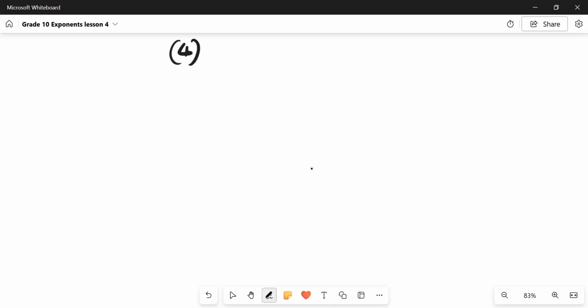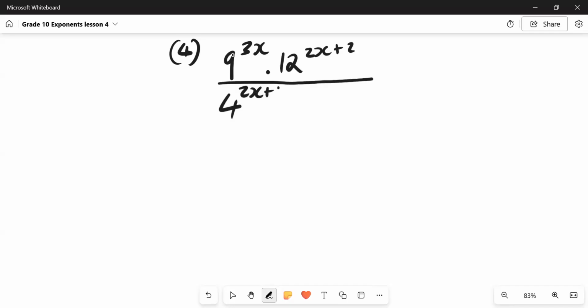We are still simplifying, and we are given 9 to the power 3x, 12 to the power 2x plus 2, divided by 4 to the power 2x plus 4, times 9 to the power 4x plus 1. The first thing, convert all the bases to their prime factors, right? 9 can be written as 3 squared, that's 3x there.